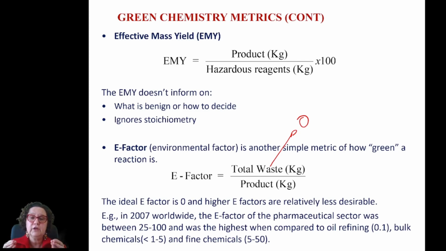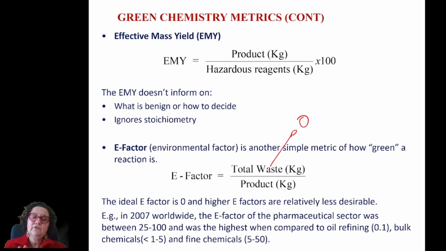That is because in many cases they are generating very economically valuable products, perhaps even with patents, products that are going to be sold at a very high price, and they're also very difficult to make. They are pushing the boundaries of science, of medical research here. So some of the synthesis in the pharmaceutical sector can be really wasteful, because the cost of disposing of that waste is absorbed by the price of the product.